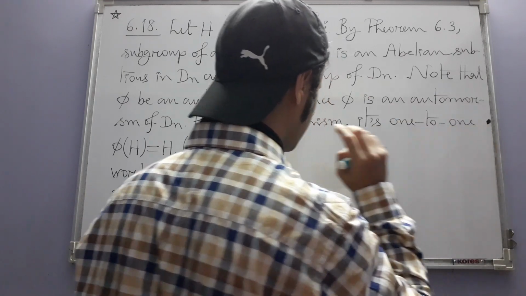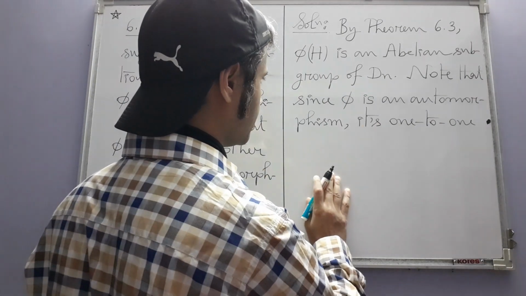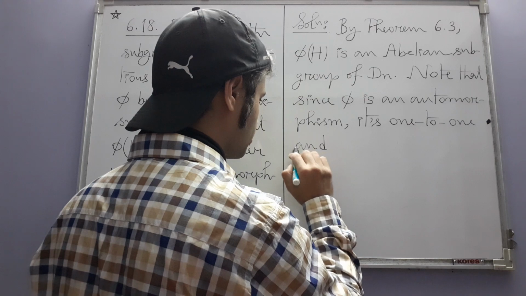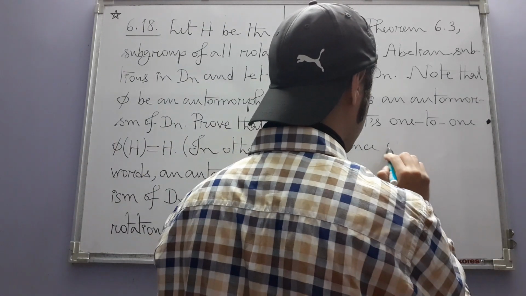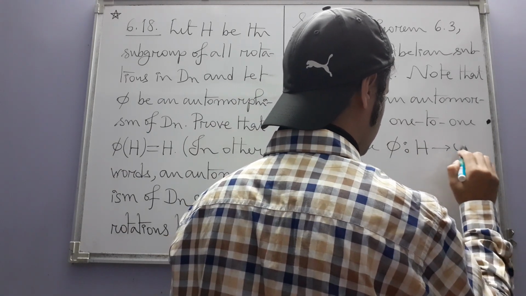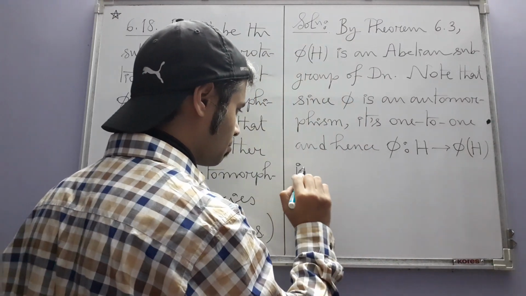Actually, it's both one-to-one and onto, but let us now concentrate on one-to-oneness. Phi is one-to-one, and hence this function is bijective.